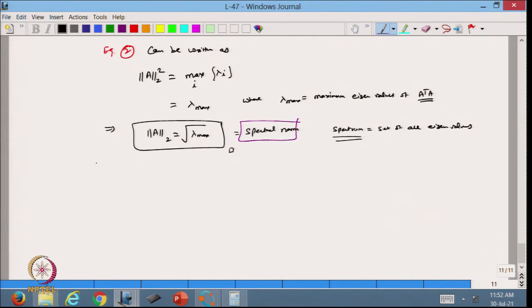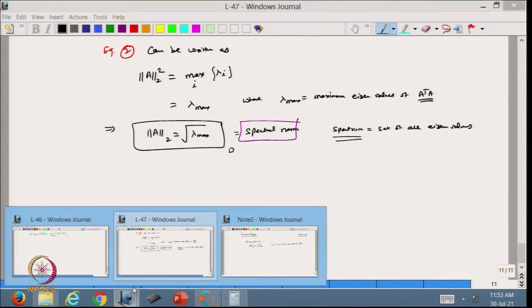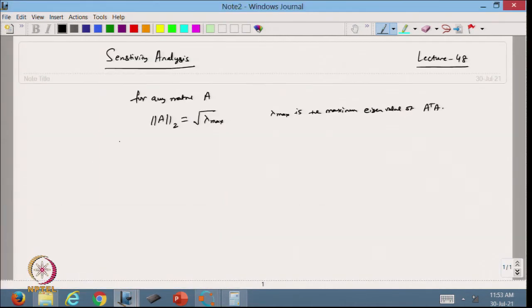Now, if A is a symmetric matrix, what is going to happen? Then in this case A transpose A will be A into A, and that will be A square.